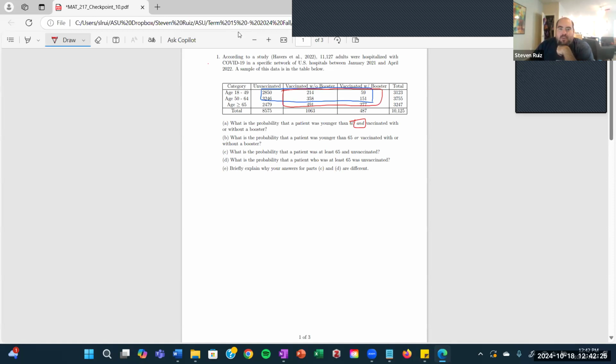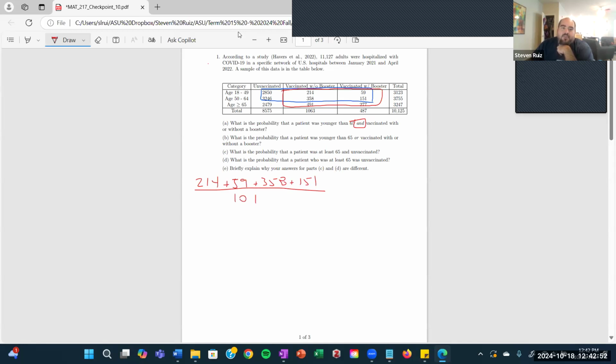So the probability that a patient was younger than 65 and vaccinated with or without a booster. So let's add all those people up. That's going to be 214 plus 59 plus 358 plus 151 all over, so this is our event space, the numerator here. And our sample space has how many people in it?